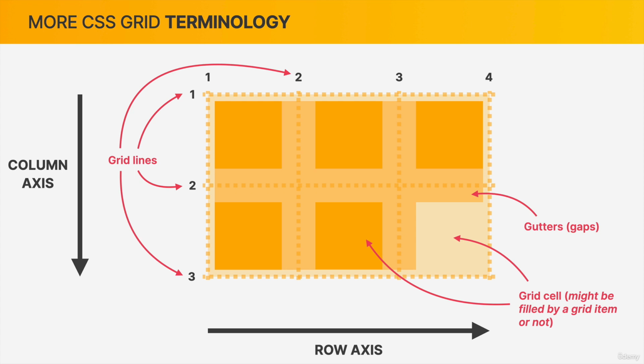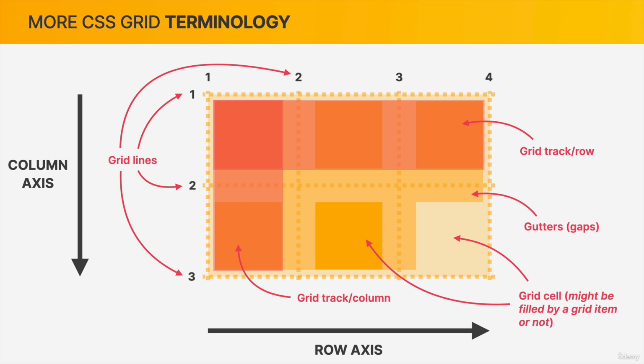Finally, another term that is commonly used when we talk about CSS Grid is the term grid track. So a grid track can be a row or also a column. So each of these are grid tracks, and so in this example here, we have 2 row tracks and 3 column tracks, okay?